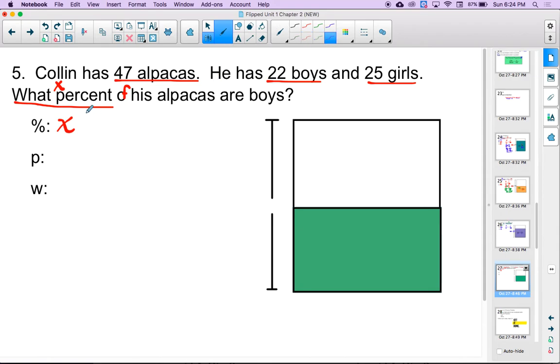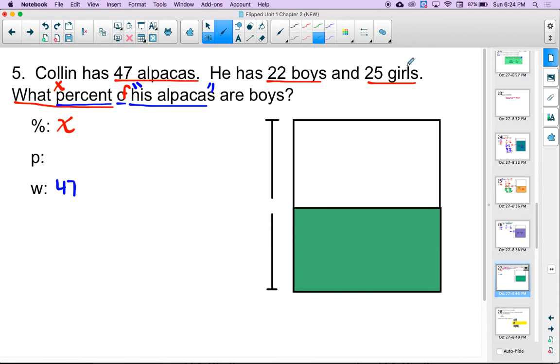Next, we go to our famous hint here, percent of the whole. That means his alpacas are the whole number, which means we have to figure out how many alpacas he has altogether. That's 47. So the whole is all 47 alpacas. Now the part this time is a little trickier.